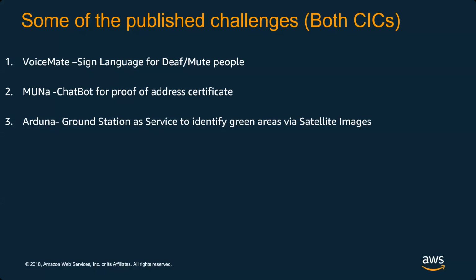We have a ground station in Bahrain. What we did for them is we labeled the satellite images, low Earth orbit, and we could tell on the fly which are the green areas that had, let's say, license or permitted or not permitted to do that on the fly.